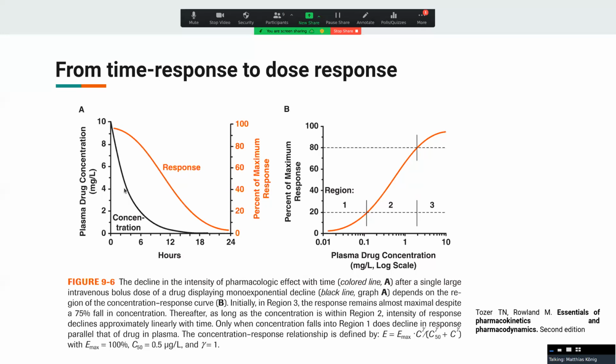So the concentration goes down, and the response goes down very linearly with the concentration changes. This is the mean range, and then in the end, you come to the range where, even for very low concentrations, you still see a certain response. You still see some remaining response in the lower range.